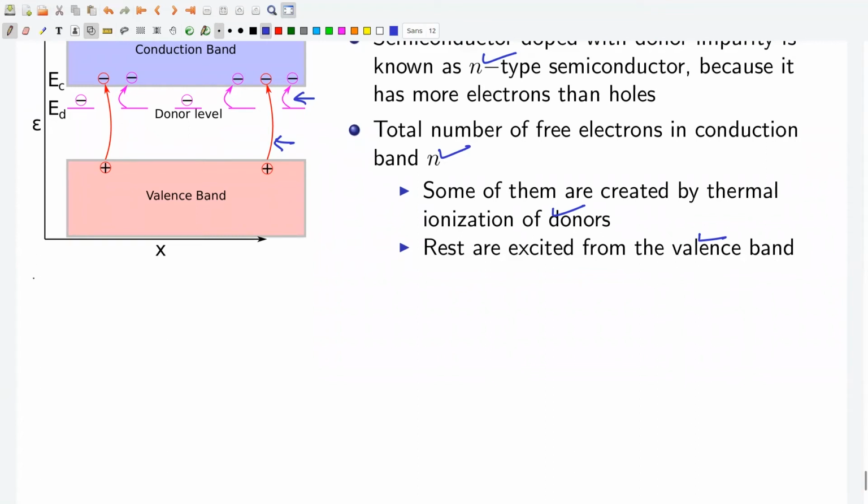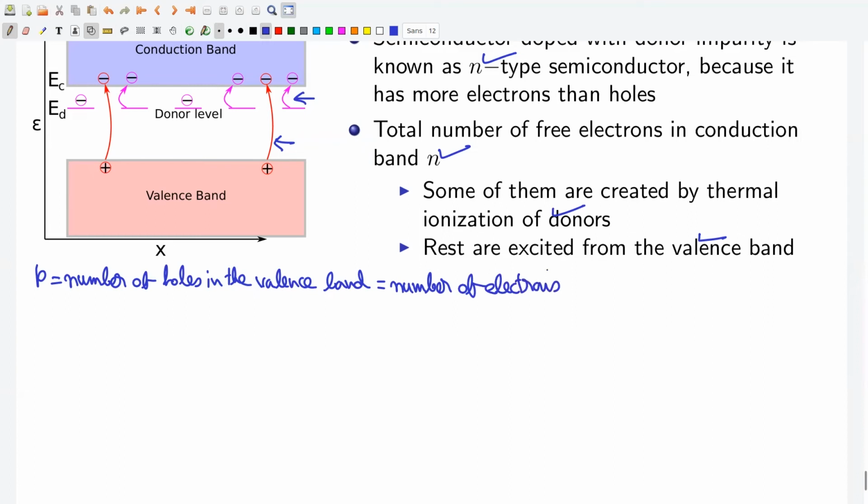Let's assume P is the number of holes in the valence band, which is equal to the number of electrons excited from the valence band.